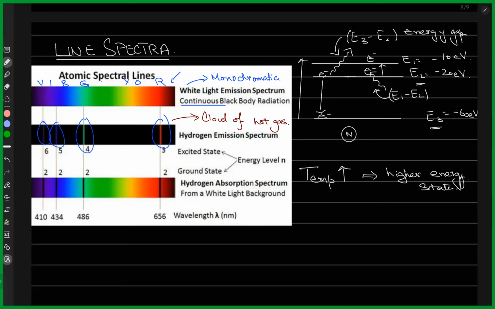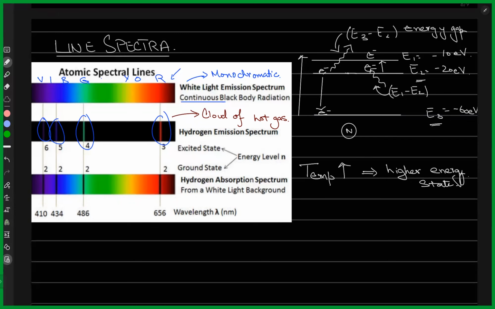So that's why this energy gap, or this excited state or de-excited state, corresponds to these different colors being formed, right? So that is how this emission line spectra is formed.